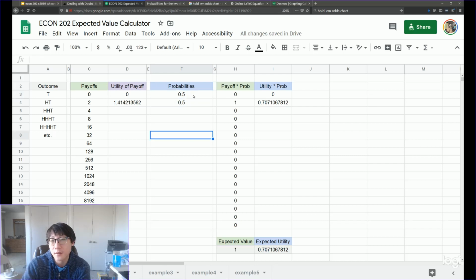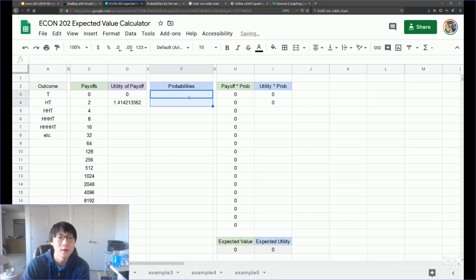I'm going to look at the probabilities. Okay, so what's the probability that I would get, for example, I would just lose the first outcome? Well, it's 1 in 2, or 50%, right? What is the probability that I would get a heads, though, and then lose on the next one? Well, the probability of that is also 1 in 2.